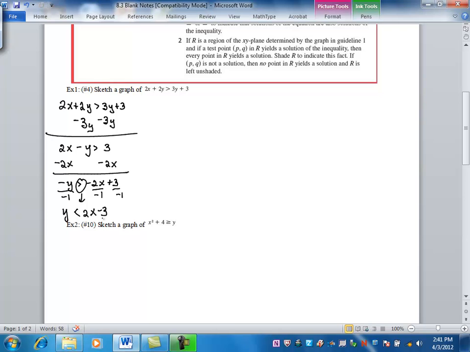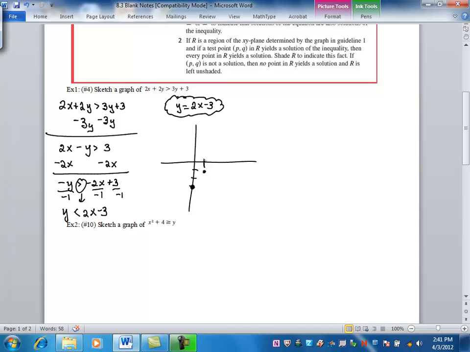And now let's talk about how to graph this just for a minute. Think about graphing y equals 2x minus 3. Now we draw our grid. We plot our y-intercept. And our slope here is 2. And so we go up 2 and over 1.